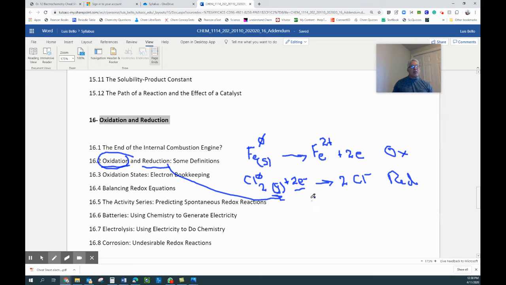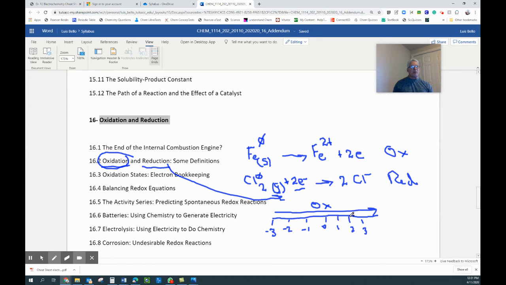Sometimes you cannot see how many electrons are being lost or gained, but you can use the following number line: 0, 1, 2, 3, that will be the oxidation number. It can also be a negative oxidation number, like -1, -2, -3. So any species that increases its oxidation number is experiencing oxidation, like iron going from 0 to 2 positive.